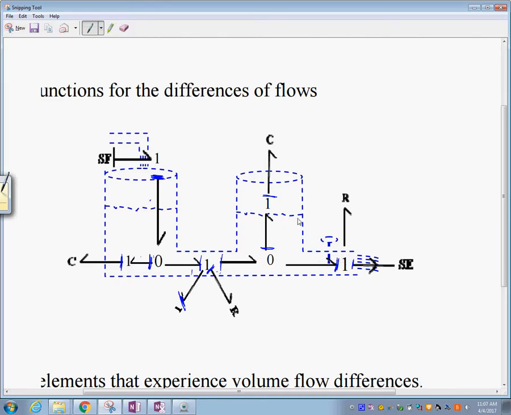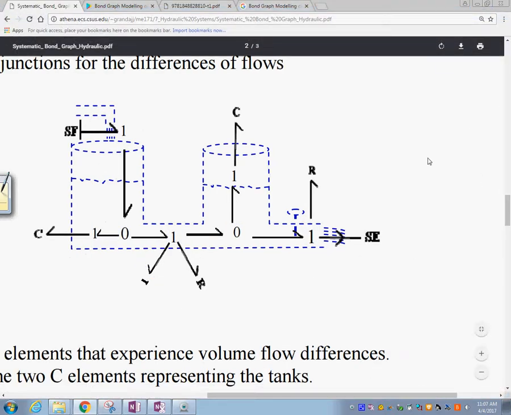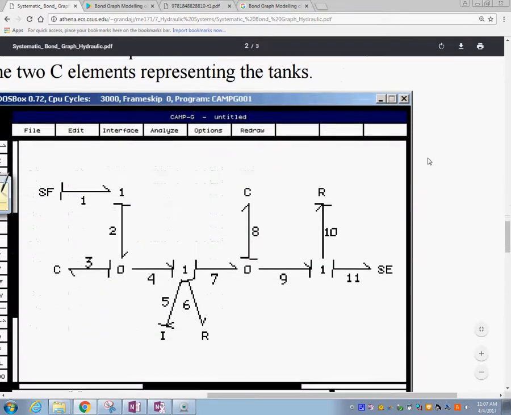And then we have the R element over here. This is done by hand, but CAMG will actually produce this. And using software, you can do this.